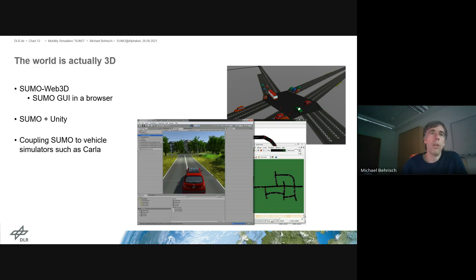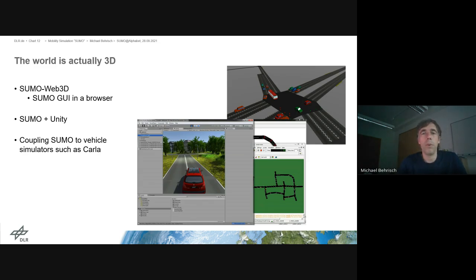So what people do a lot with SUMO is to use it as a source for surrounding traffic when they have an ego vehicle and they want to have not only a realistic environment concerning the buildings and trees and things like that, but also traffic around them.